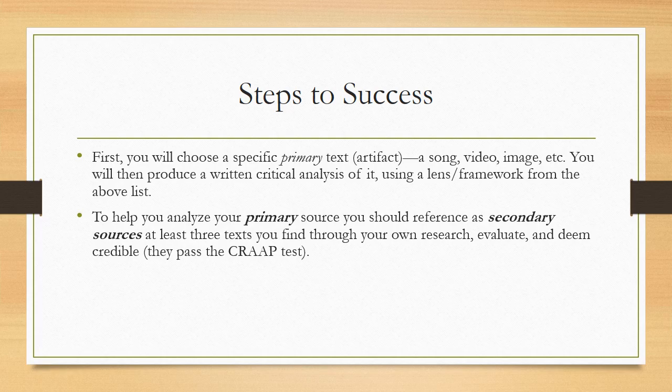That's the song, the movie, the music video, the poster, whatever it is you're analyzing. The secondary sources are the research. We haven't really talked about this yet. I'm asking that you find 3 sources beyond the primary text, 3 secondary sources to help you flesh out your argument.